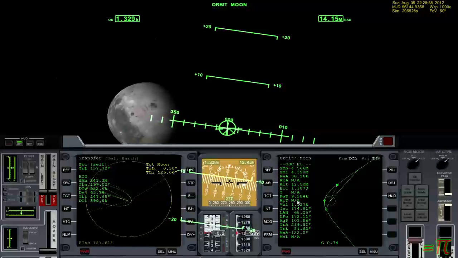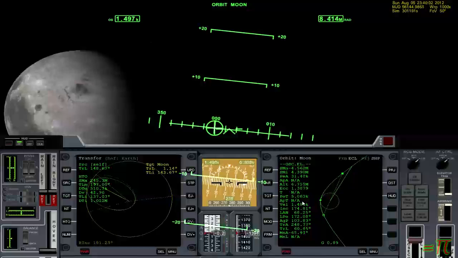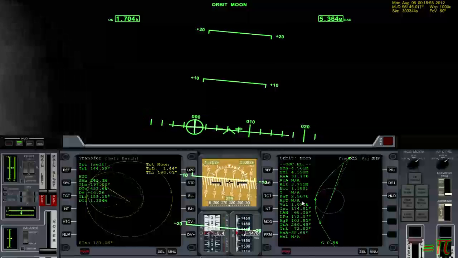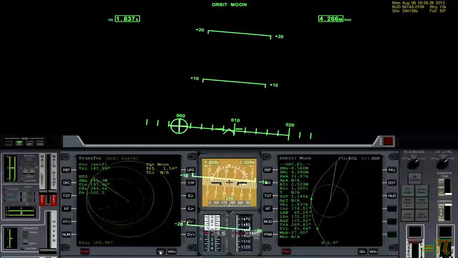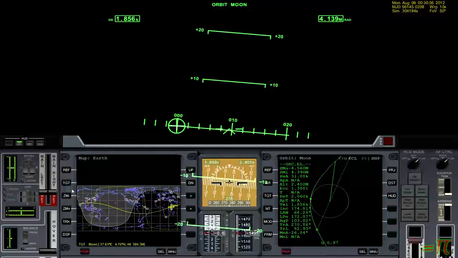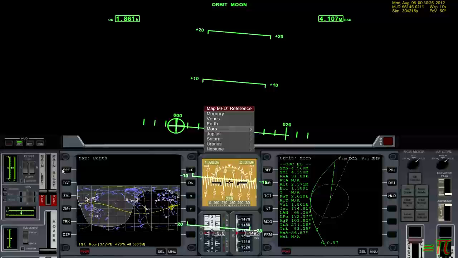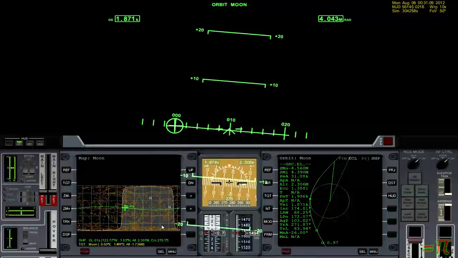9,000 seconds. 7,000. 6, 5, 4, 3, 2. Okay, map. Reference the moon. And there we go.